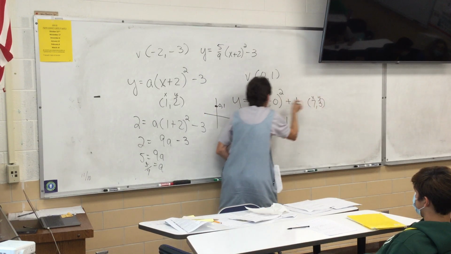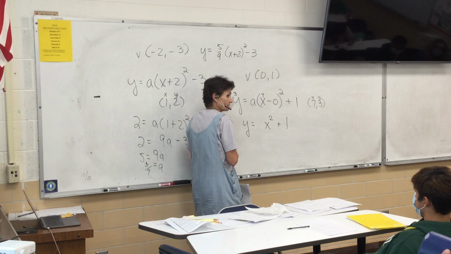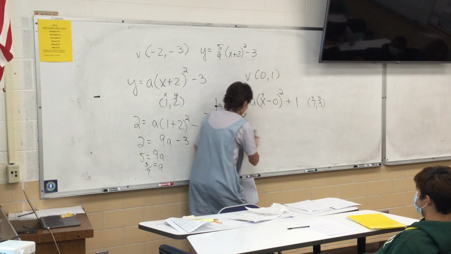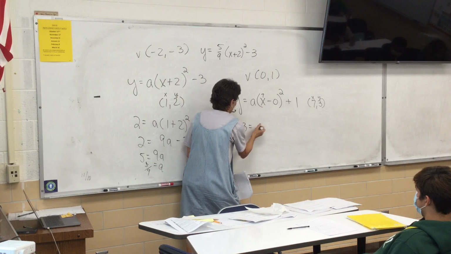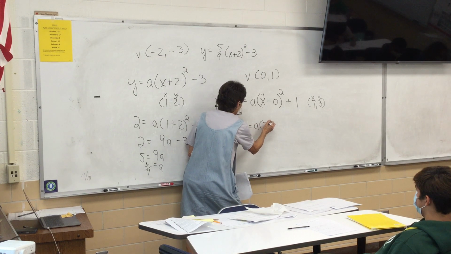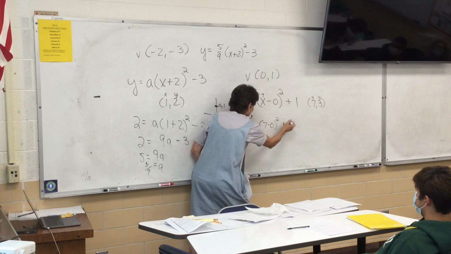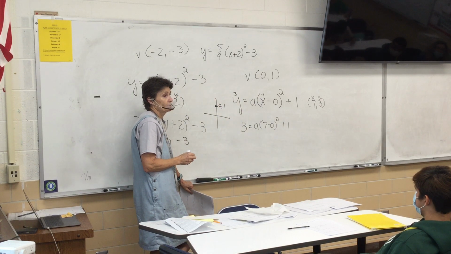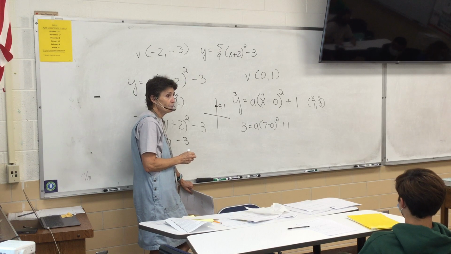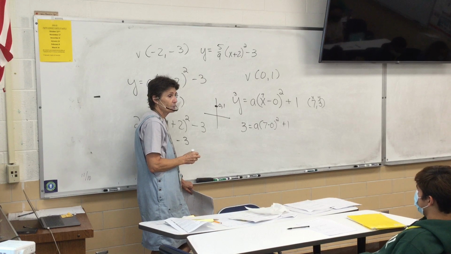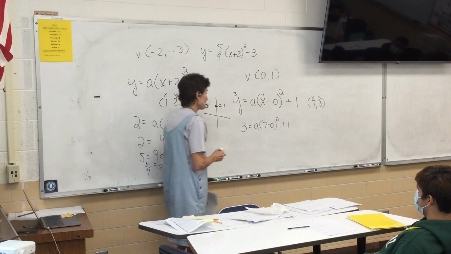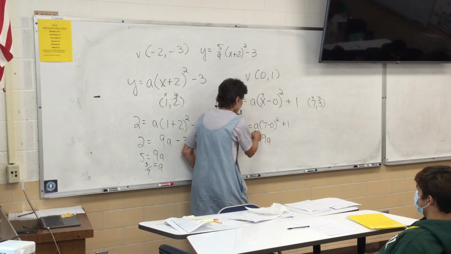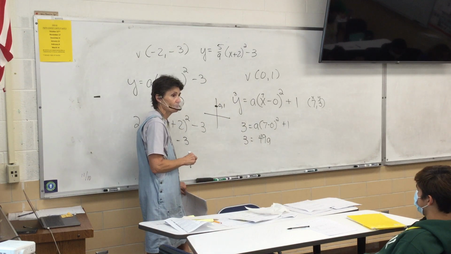This is Y, so it's going here. So 3 equals A times 7 minus 0 squared plus 1. What is 7 minus 0? 7 squared is 49. So this is 49A.